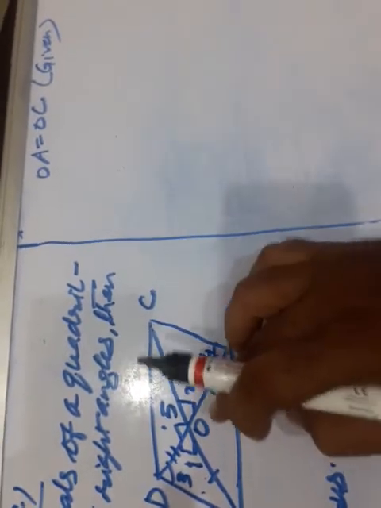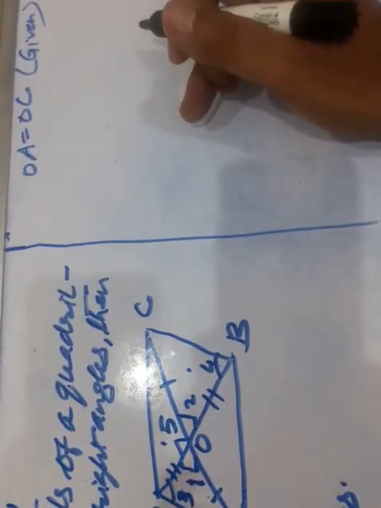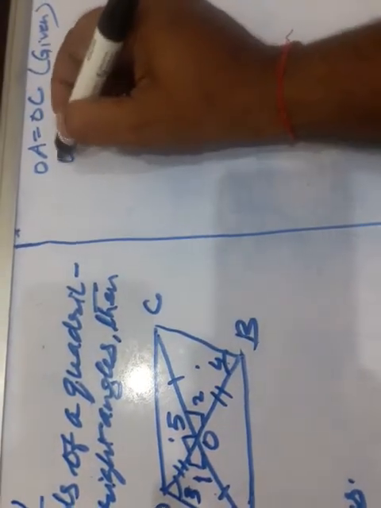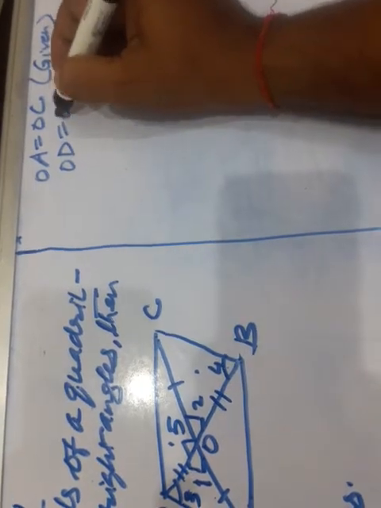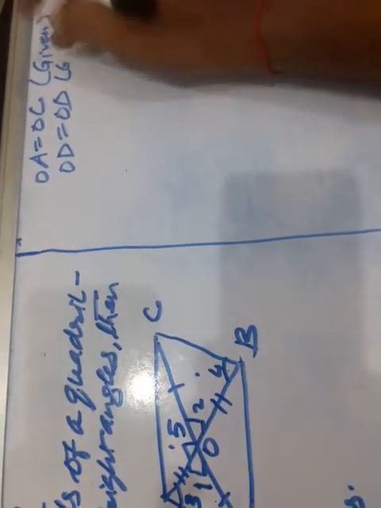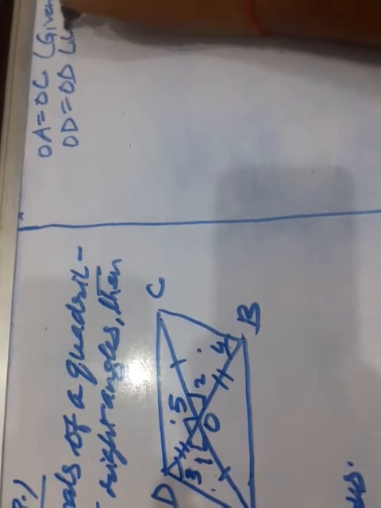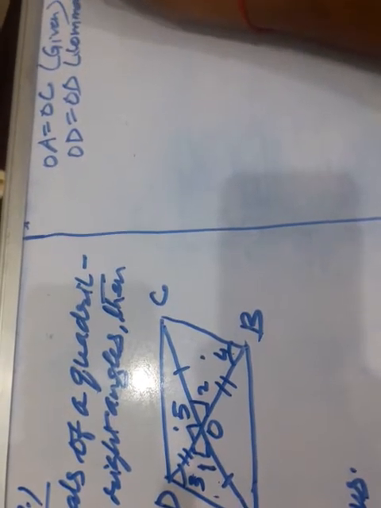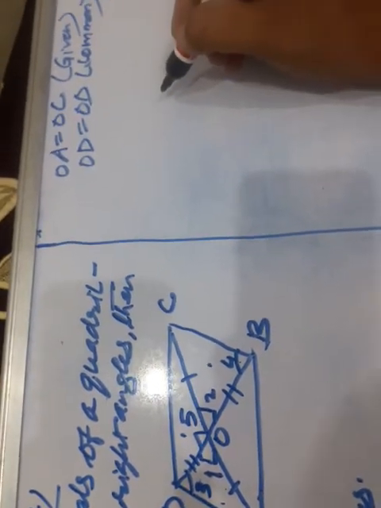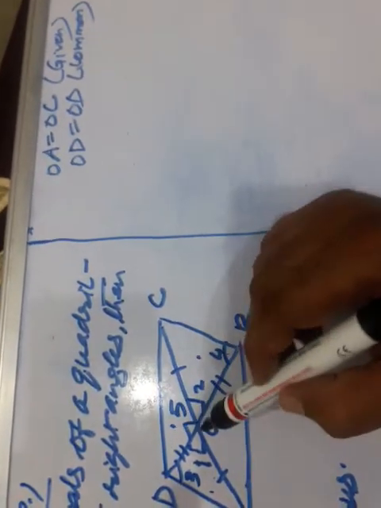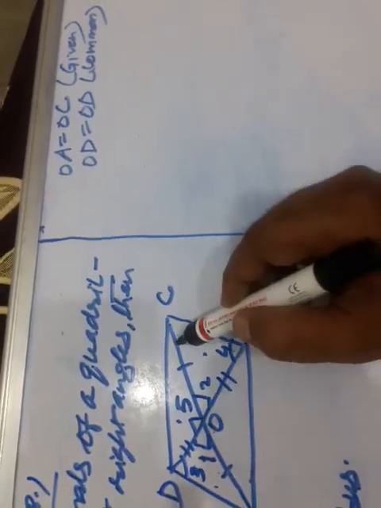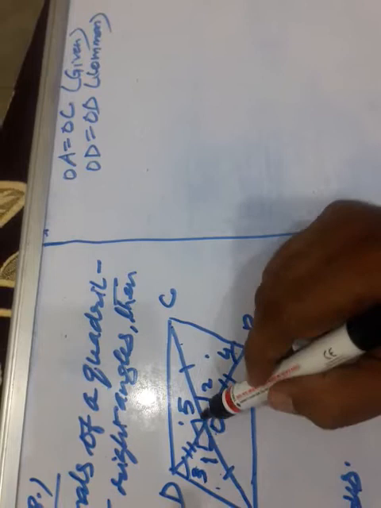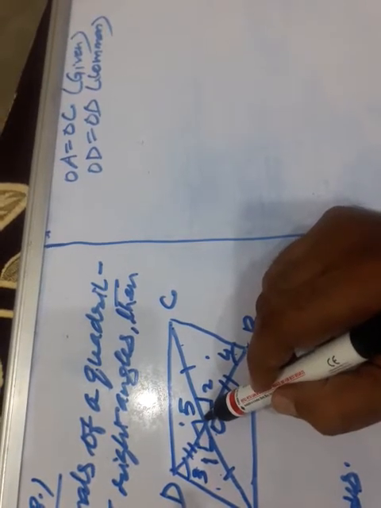What else is given? OD equal to OD is not given, that is common. See the figure, children, that is common. Here OA equal to OC and OD equal to OD common. What else do we have?